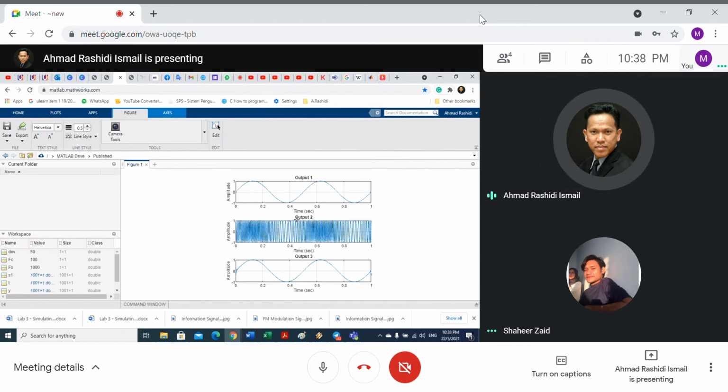Next, output 2 is the carrier frequency. Output 3 is the FM modulation, and the last one represents the FM demodulation. What we can see is that the information signal and the demodulated signal have the same signal and the same frequency.